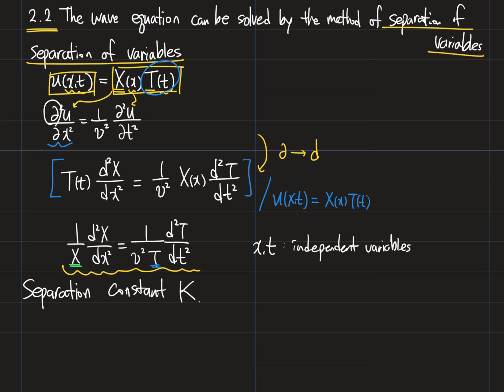So they are independent variables. So the only way for this equality to hold true for all possible values of x and t is if both sides are equal to the same constant, called the separation constant k. This is the only possibility.